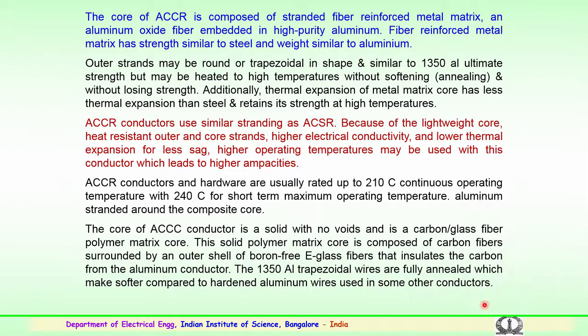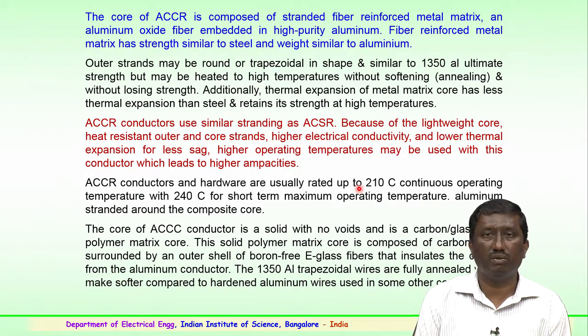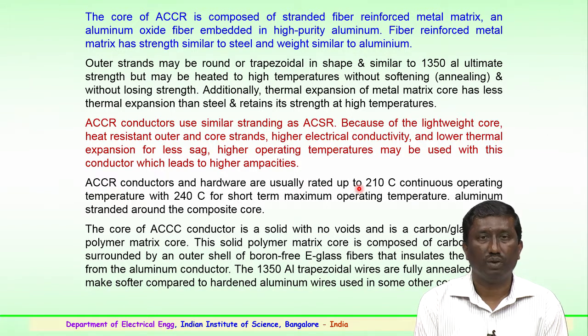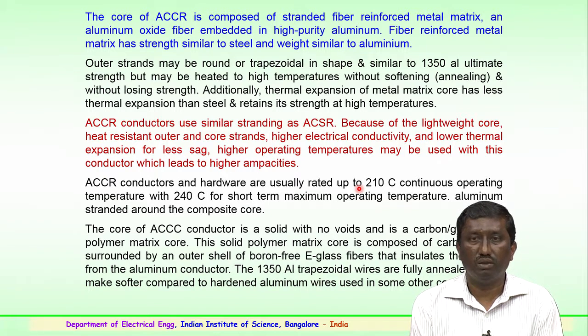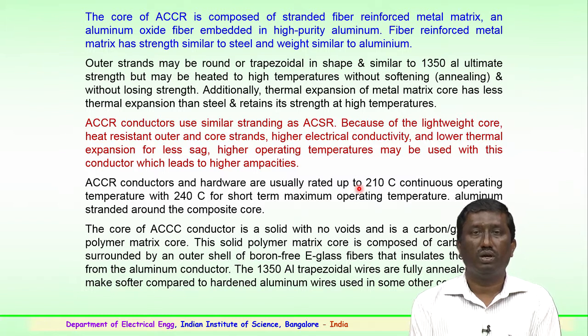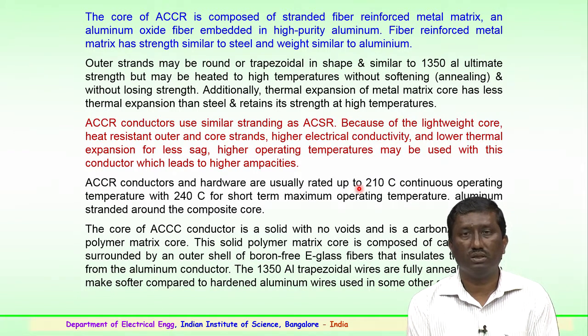The core of this high temperature high current conductor, or ACCR, is composed of strands with fiber reinforced metal matrix, which is an aluminum oxide fiber embedded in high purity aluminum, it has to be noted here. The fiber reinforced metal matrix has strength similar to the steel and weight similar to the aluminum. So, the core has mechanical strength equivalent to the steel.